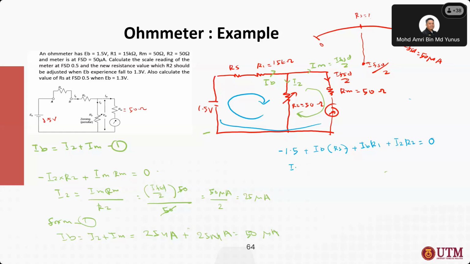So IB RS will be equivalent to 1.5 minus IB R1 minus I2 R2. Okay.